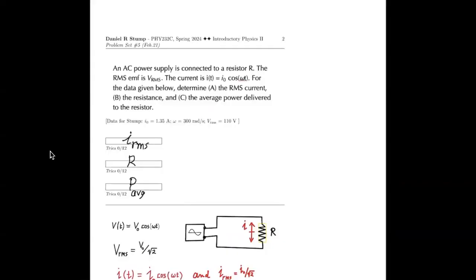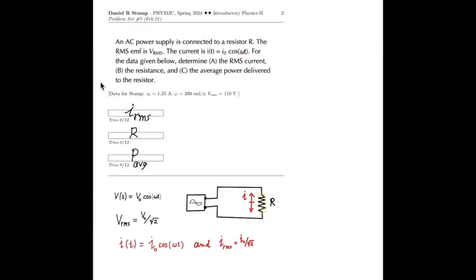Here's another problem from problem set 5. An AC power supply is connected to a resistor. The root mean square electromotive force is VRMS. So there's an alternating voltage here. Unlike a battery where the two terminals have a constant voltage difference, in an AC power supply, the voltage difference is alternating.